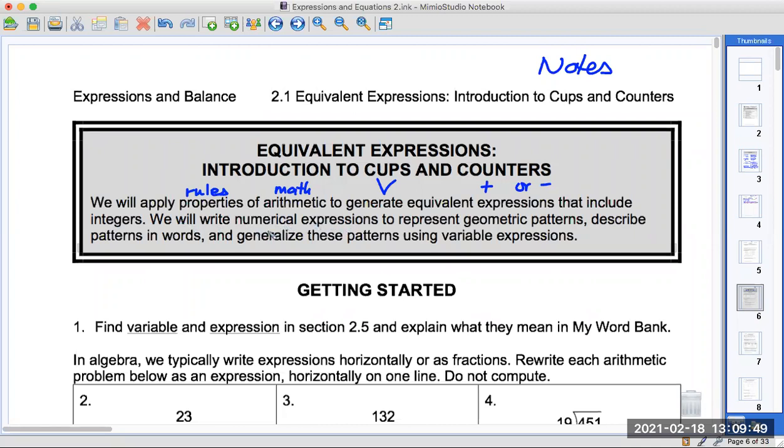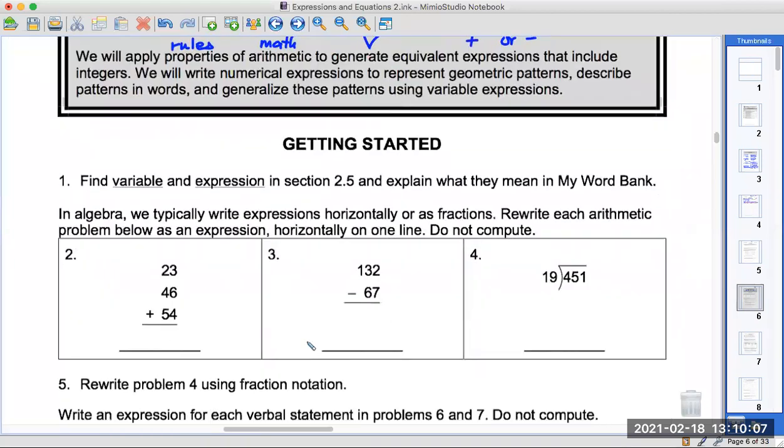Numerical expressions have only numbers, no symbols, to represent geometric patterns, describe patterns in words, and generalize these patterns using variable expressions, which have variables or symbols and numbers. Okay, so we already did our word bank, good.